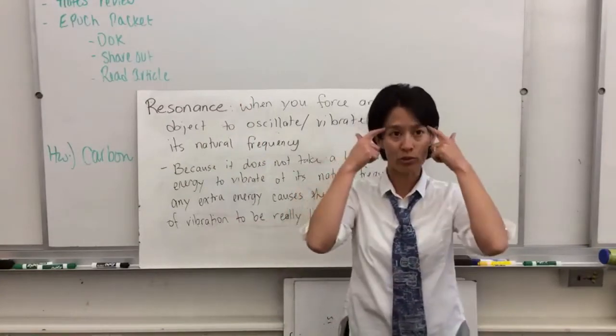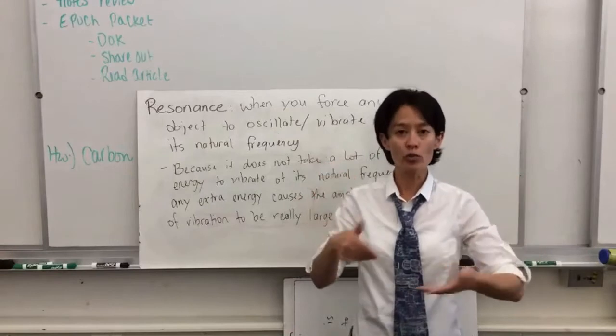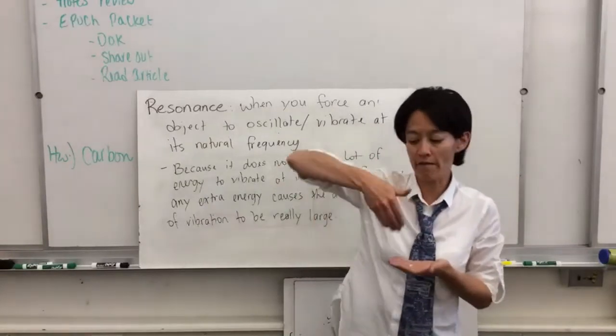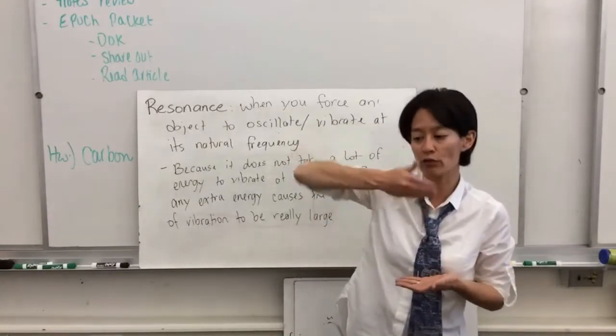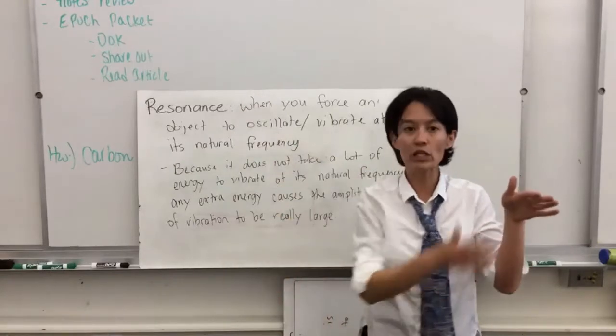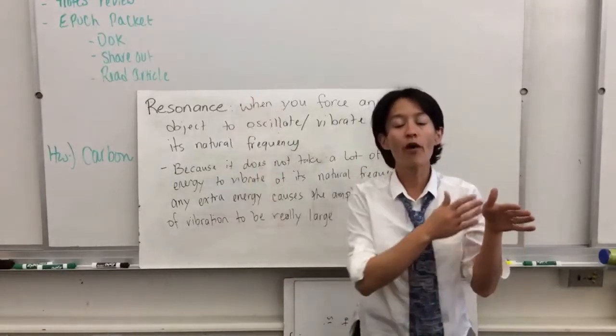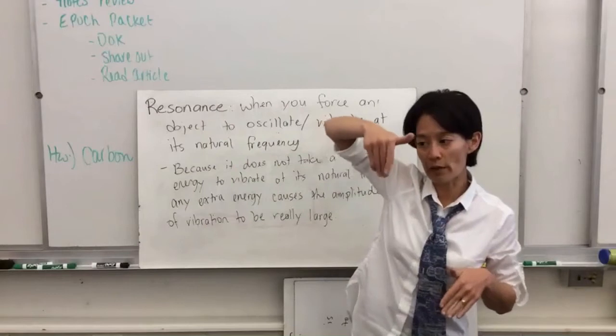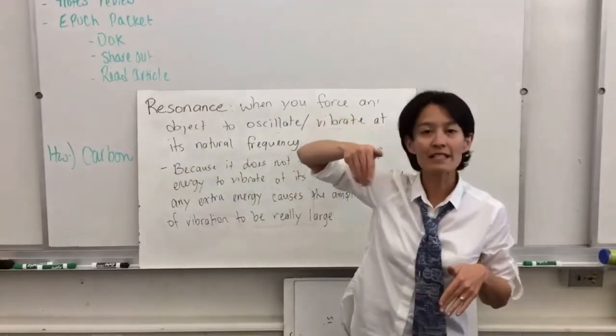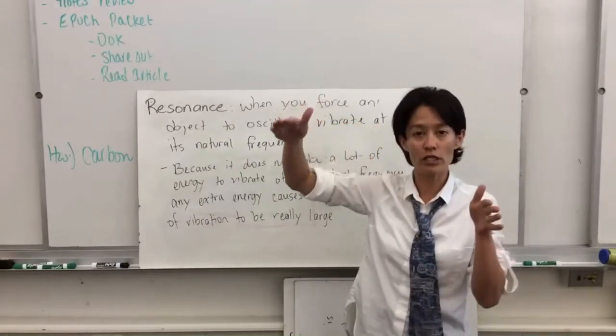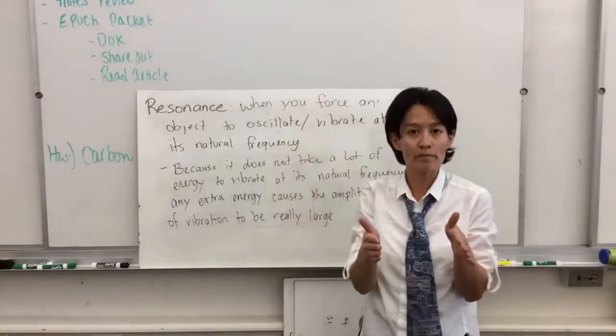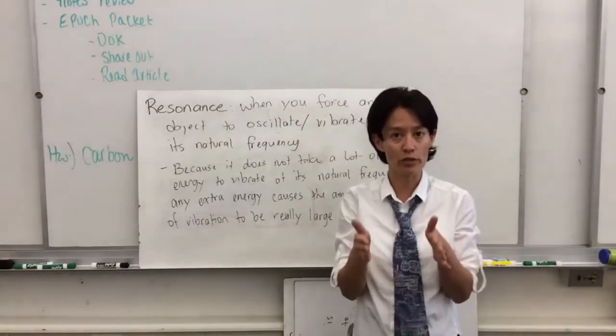So now get that visual of you on the swing, and you found that sweet spot of vibration, of you putting your legs back and forth, and you're going these really, really huge amplitudes. If all of a sudden you started vibrating your legs really quickly like that, that's not going to help you move. In fact, that is going to decrease the amplitude of oscillation because that's not matching the natural frequency of the swing.